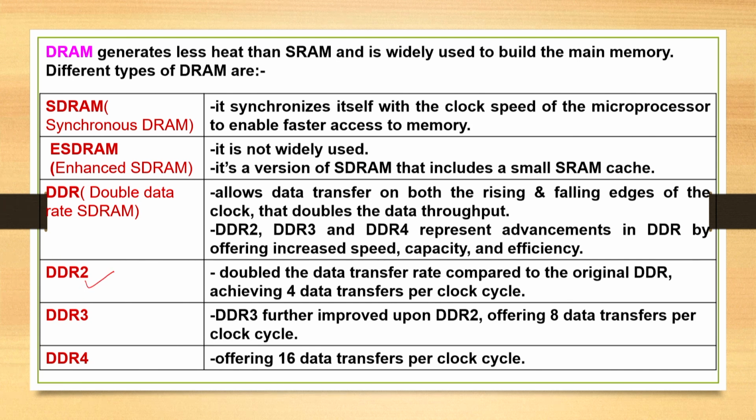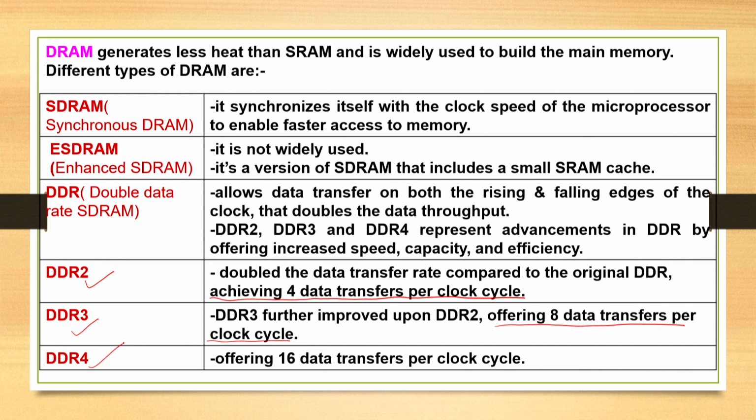DDR2 doubled the data transfer rate compared to original DDR, achieving 4 data transfers per clock cycle, whereas DDR3 offers 8 data transfers per clock cycle.